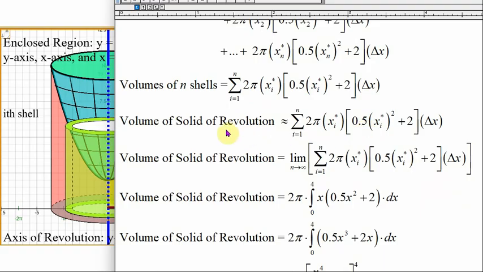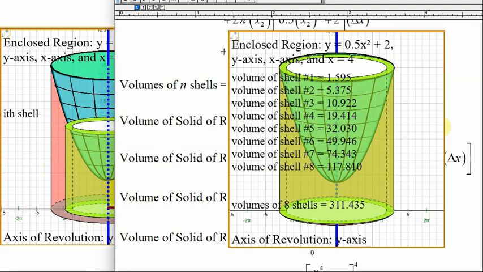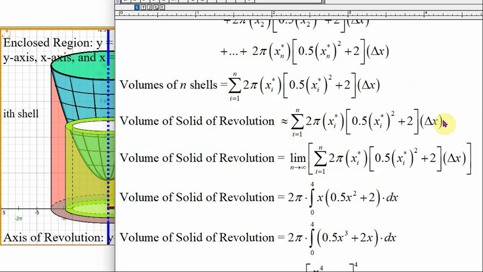So the volume of this solid of revolution right here without the paraboloid is approximately this sum. And then at the beginning of the video we saw that it should be approximately 311.